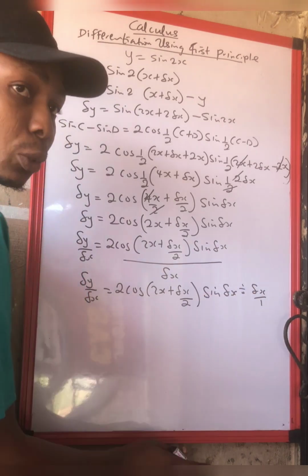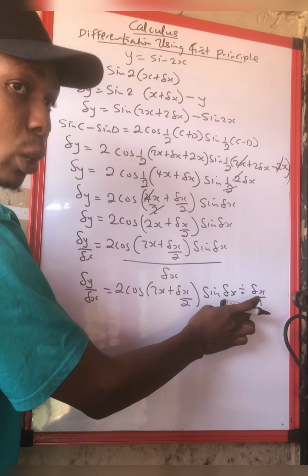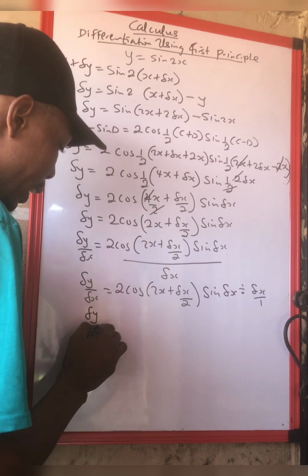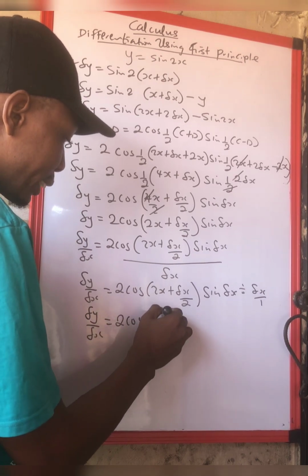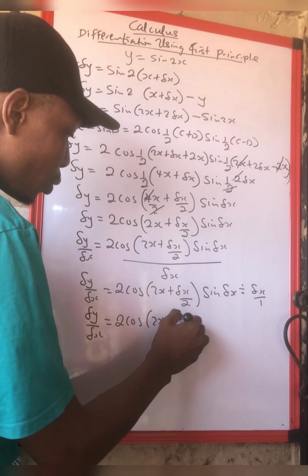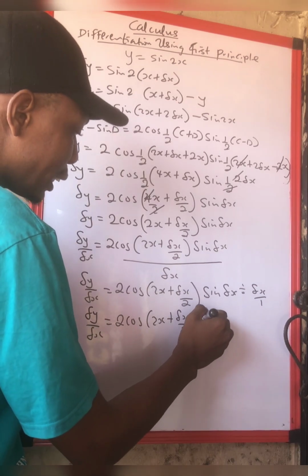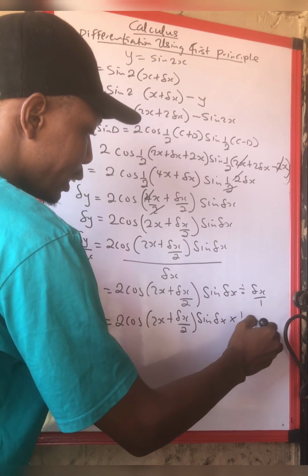When we change this to times, 1 will move to the numerator and change in x will move to the denominator.